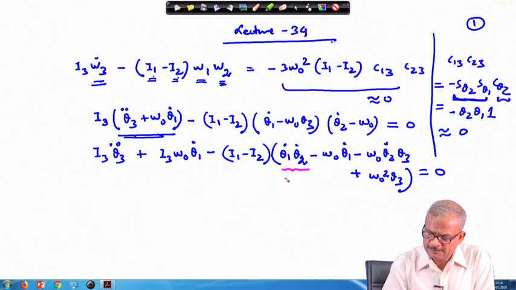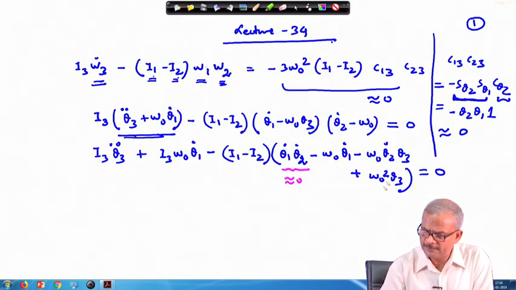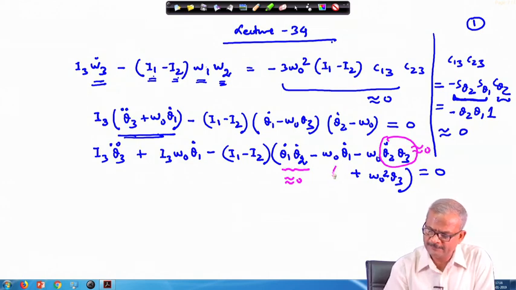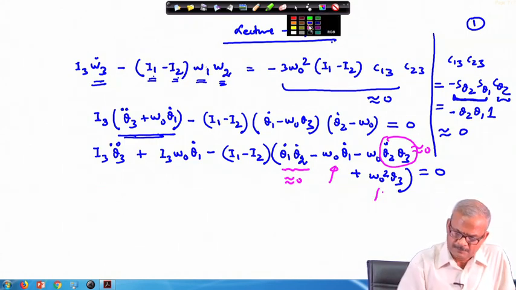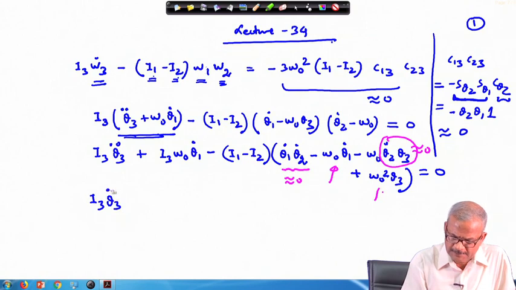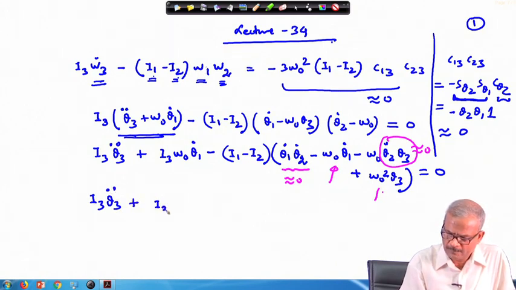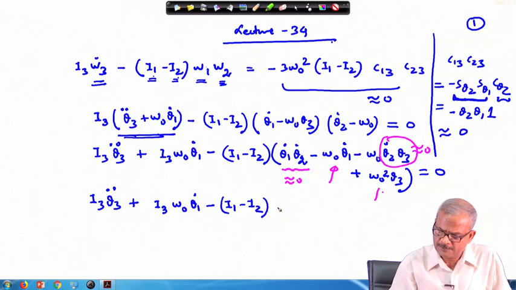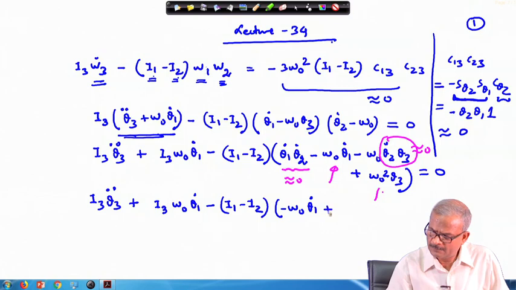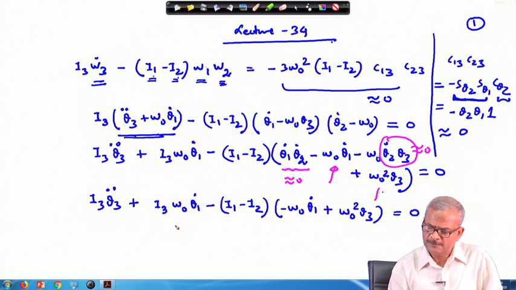Now, looking back, this term is 0 being of second order, and this term is also of second order. So, this is also 0. So, we are left with this term and this term: I 3 times theta 3 double dot, I 3 omega 0 theta 1 dot, minus (I 1 minus I 2) omega 0 theta 1 dot plus (I 1 minus I 2) omega 0 square theta 3, this equal to 0.